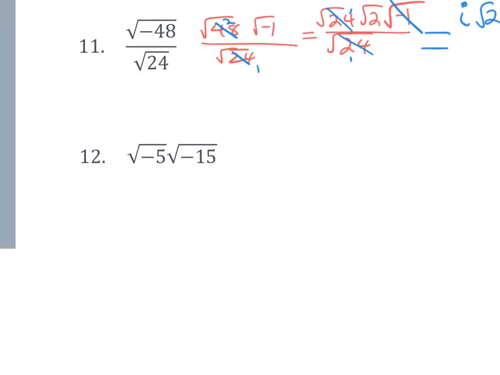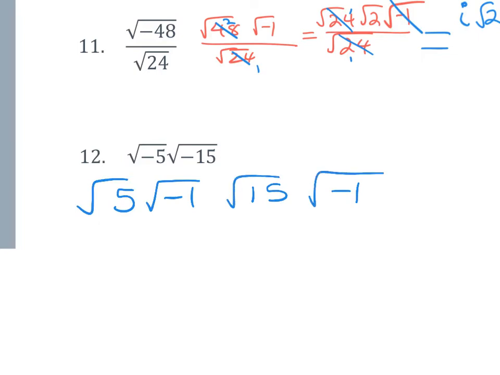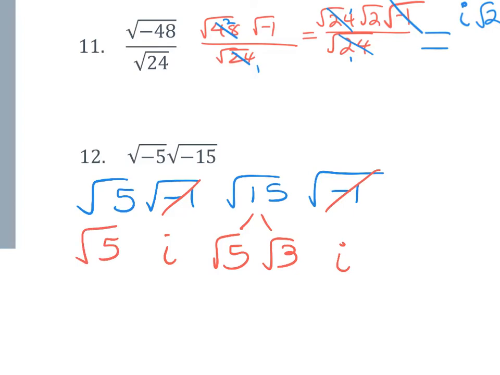All right, for the next one, again, I'm going to break it apart into 5 times negative 1 and 15 times negative 1. I can pull the negative 1 as an i. I'm going to break my 15 into 5 times 3. Notice you got a pair of 5s, so one of those comes out.